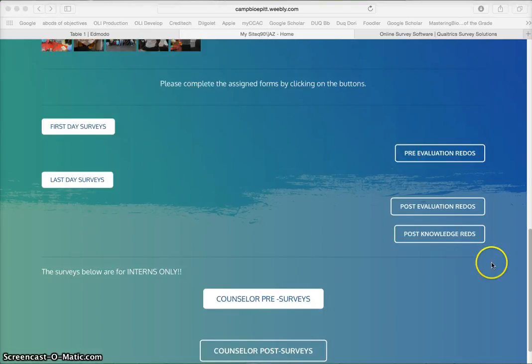And so we came up with a system where she would give me the tablet numbers or the favorite colors and the middle initials, etc., and I could call the student out, and tell them, okay, go back to the Weebly page and take the pre-evaluation or the pre-knowledge survey. Most of them did not have to do the pre-knowledge survey. It was typically on the last day, so that link is not shown here for the pre-knowledge.